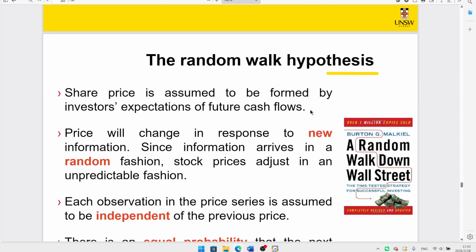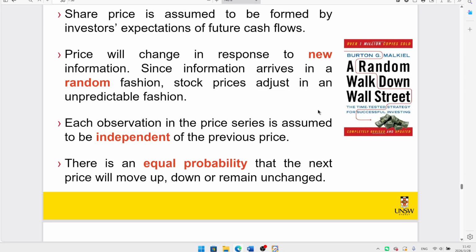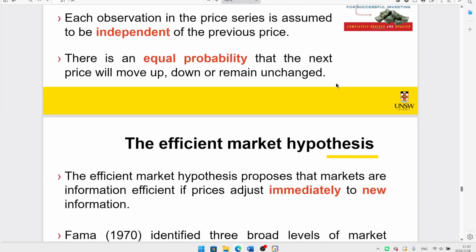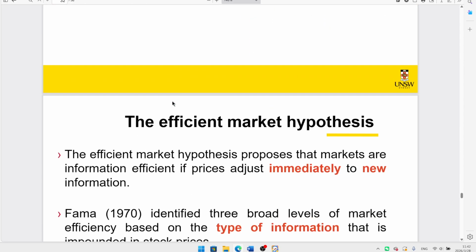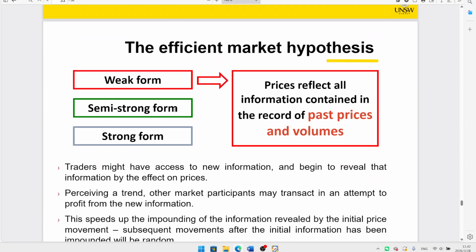After that, there is the random walk hypothesis. We do not need to discuss the random walk. We just need to use the EMH, the efficient market hypothesis. We need to know the weak form.